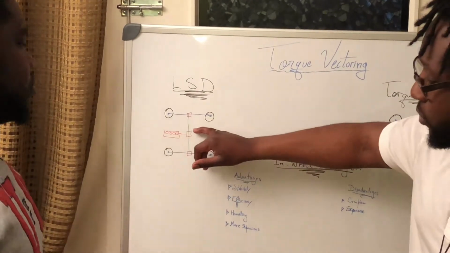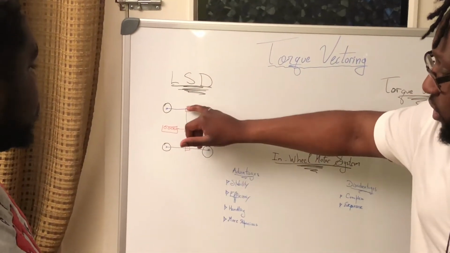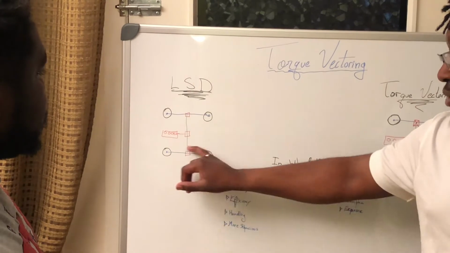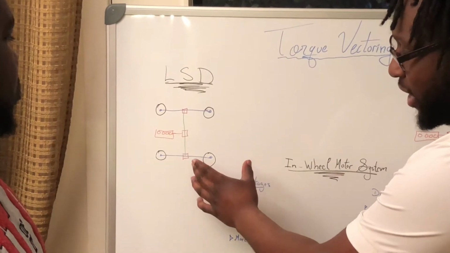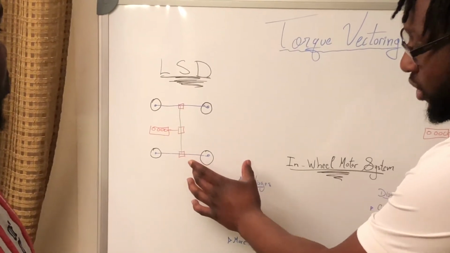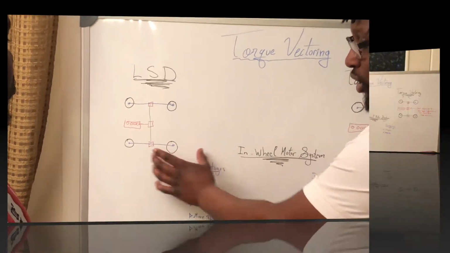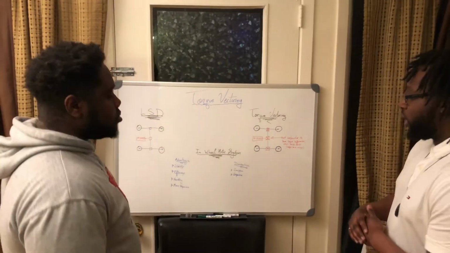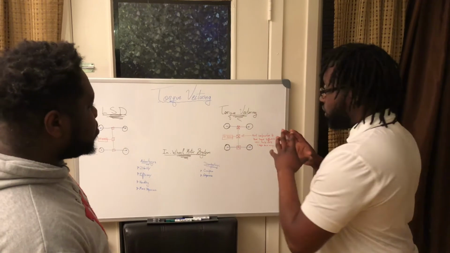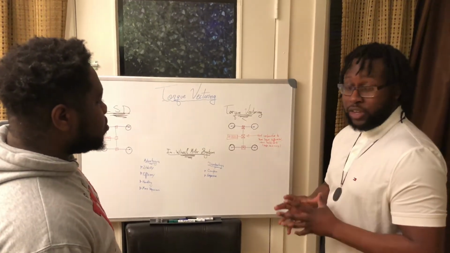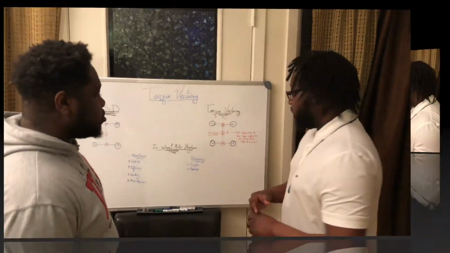In other words, 50% of the torque will be sent to this differential and another 50% will be sent to this differential. Again, depending on which tire has more grip, the one that has more grip is going to receive the most torque. And now as for torque vectoring, what happens here is that you as the designer get to have full control of which tire gets which amount of torque.